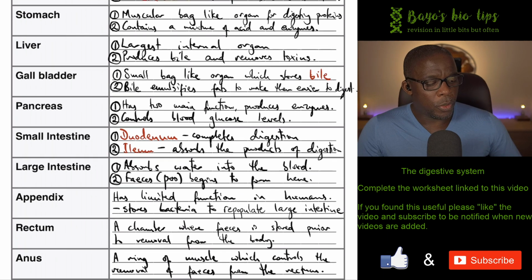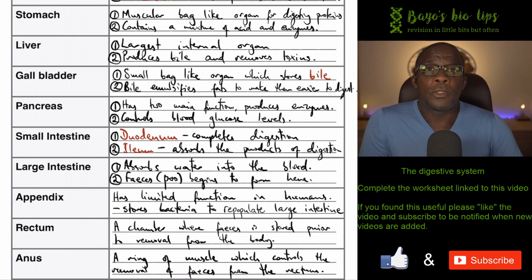Then we go on to the appendix. So the appendix is a sort of dangly bit from the large intestine, and it doesn't seem to have that much of a function in humans, or at least we don't know for certain what its function is in humans. There are some ideas as to what its function is. So one idea is that it stores bacteria, which can then act as a reservoir for those friendly, useful bits of bacteria that I talked about earlier.